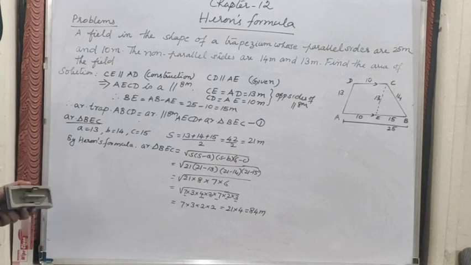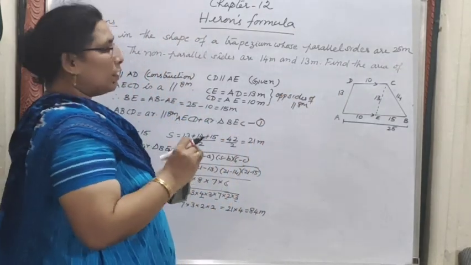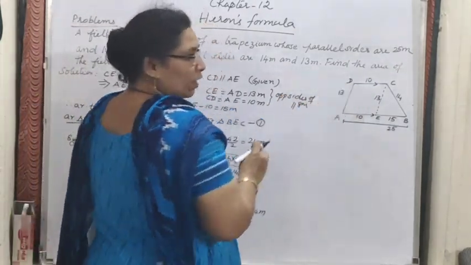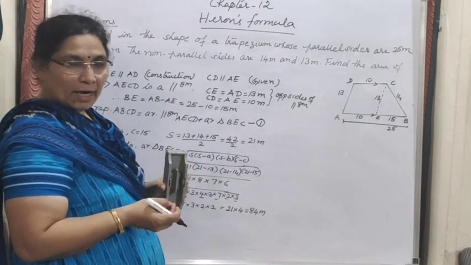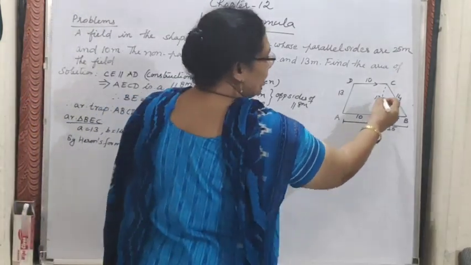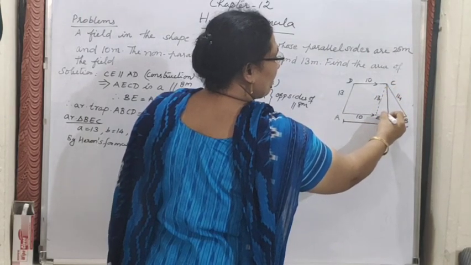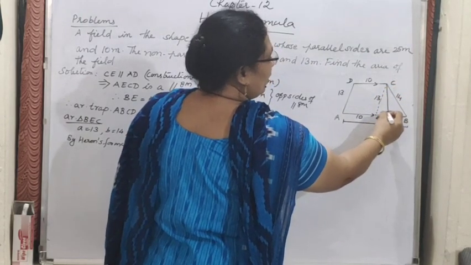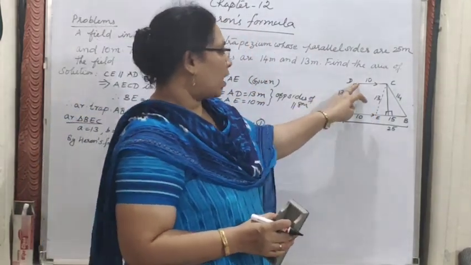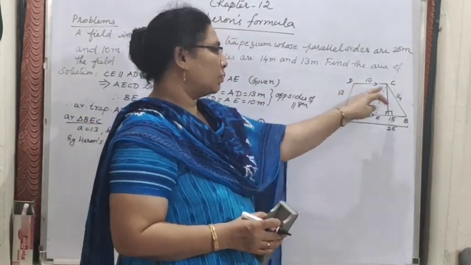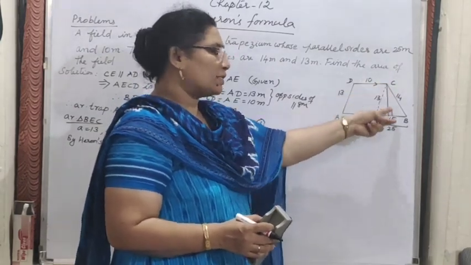Now the question comes that we got this area of the triangle. Now we need the area of the parallelogram. But by the formula, parallelogram is base into height only. So no height is there. So what we should do is draw a perpendicular here, perpendicular to this base 10 we are taking, right? So either you can draw from D or C, the opposite vertex. So conveniently we have taken C only.